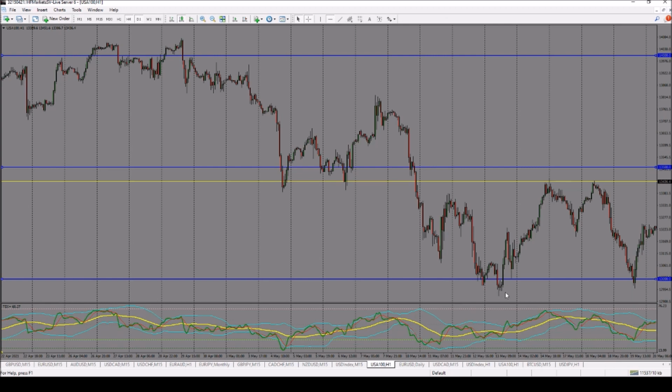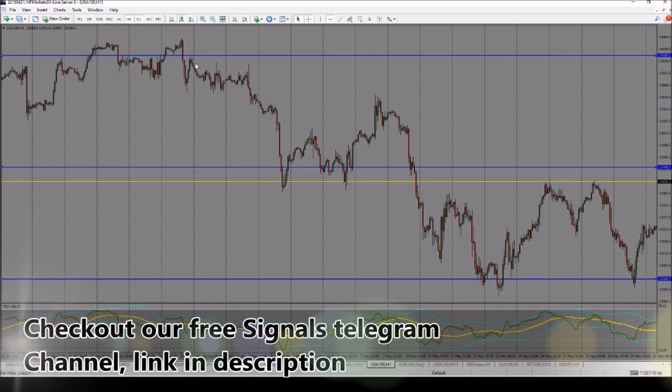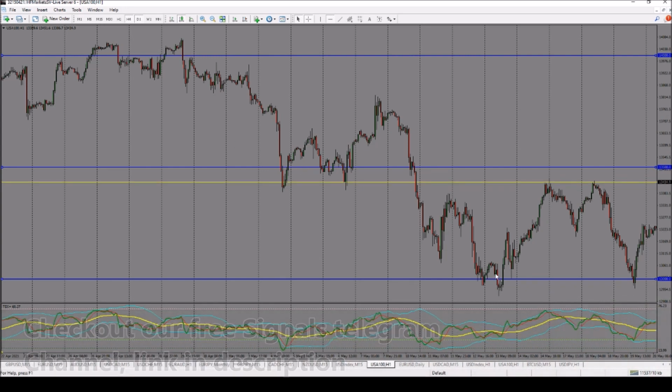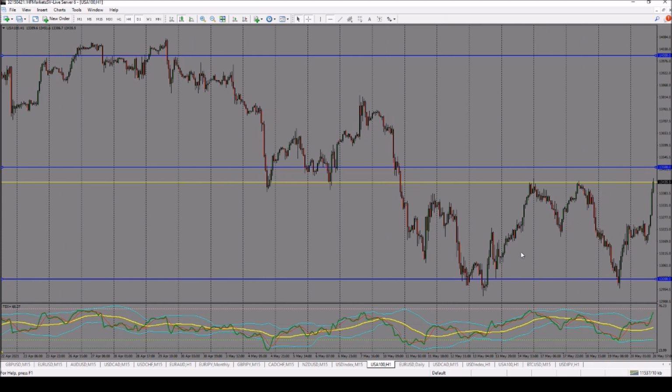As you can see from this point, the market went up, and so we could have this entry, another entry, and another entry. At this point, the market issued another retest at this quarter level, and it went up.